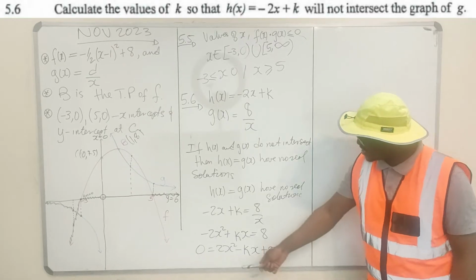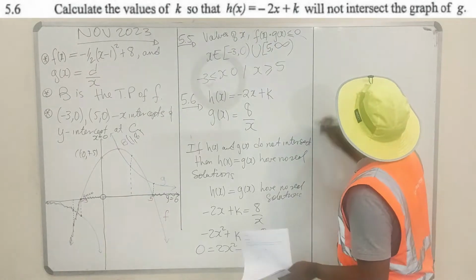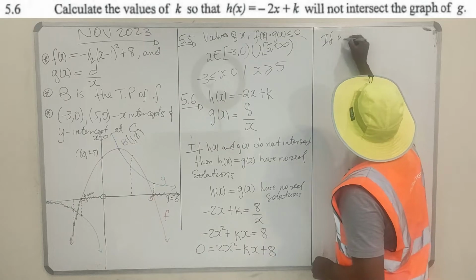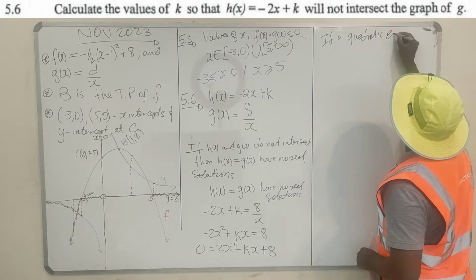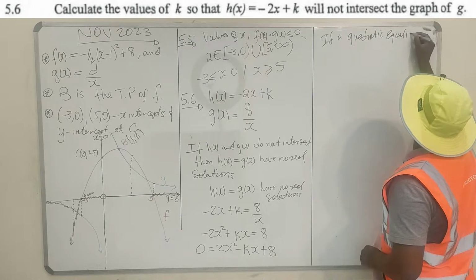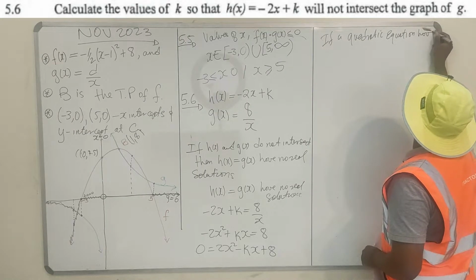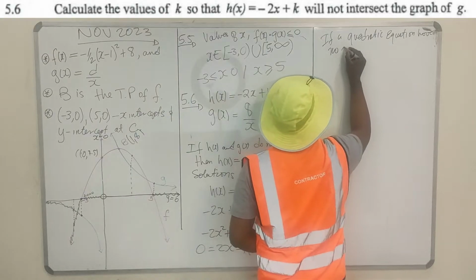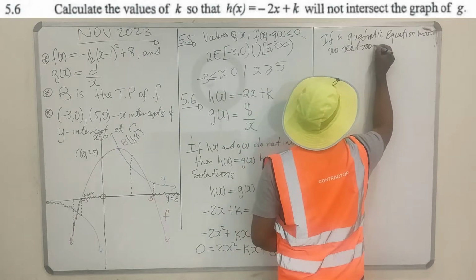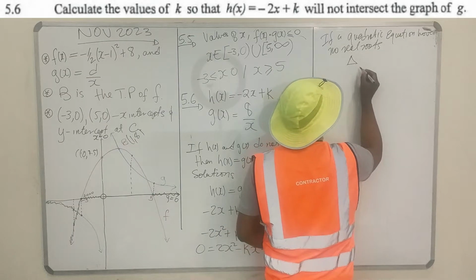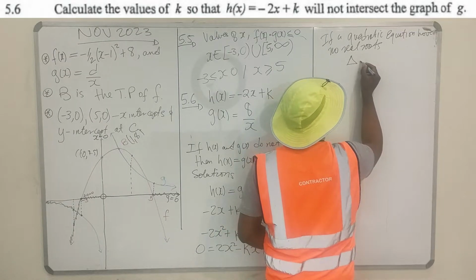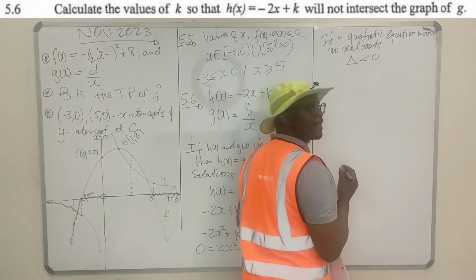What does that mean for a quadratic equation? If a quadratic equation has no real roots, it means that the discriminant is less than 0.